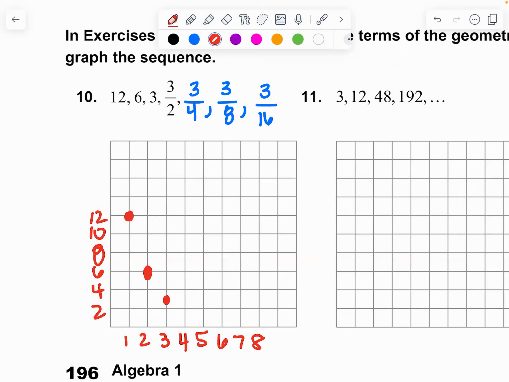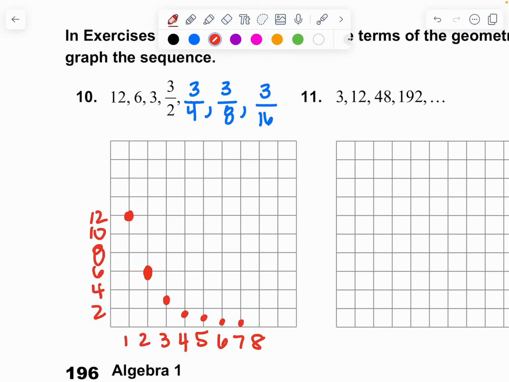Our fourth term is 3 halves. Okay, what does that look like? A downward slope. Negative correlation. Oh, what's the word? Exponential decay. Yeah, I knew that.